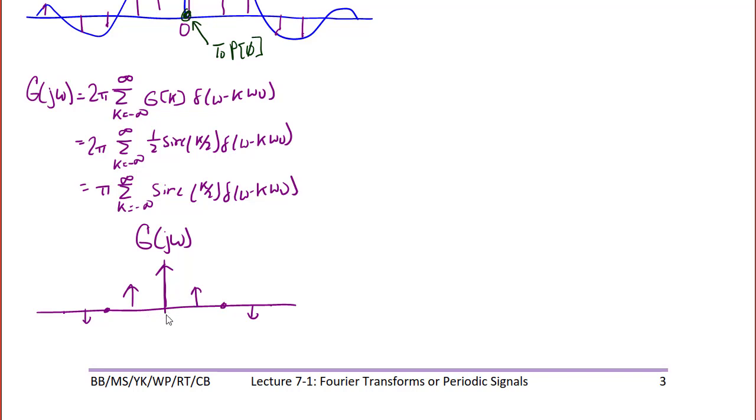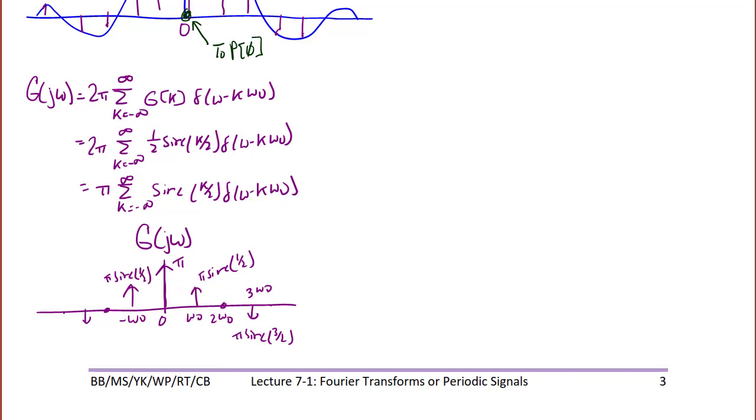So these values at 0 is going to be pi, at omega naught is going to be pi sinc 1/2, at 2 omega naught it's going to be a 0, and at 3 omega naught we're going to have pi sinc 3/2, and so on. So then over here at negative omega naught, that would be pi sinc 1/2.